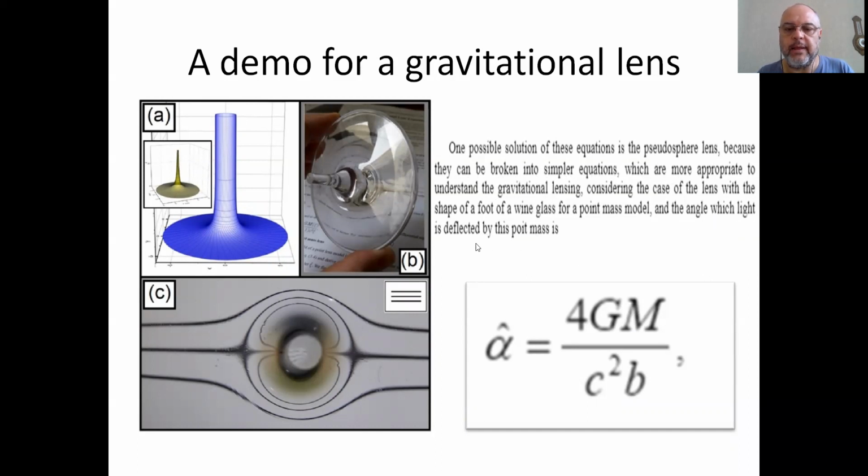The angle by which light is deflected by this point mass is given by this equation, and this is the Schwarzschild lens.